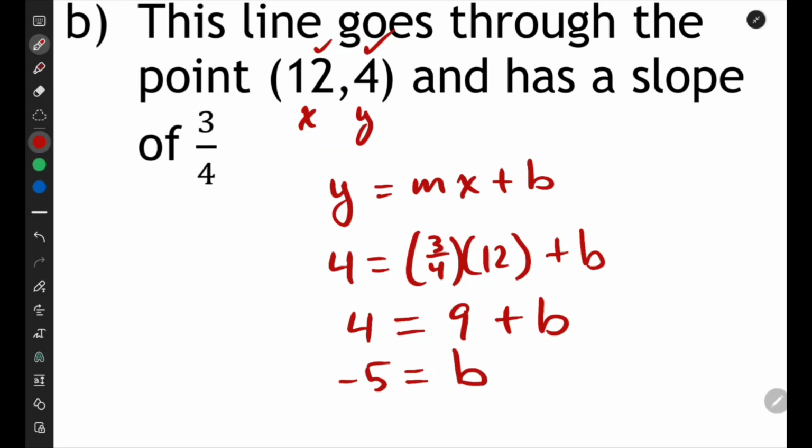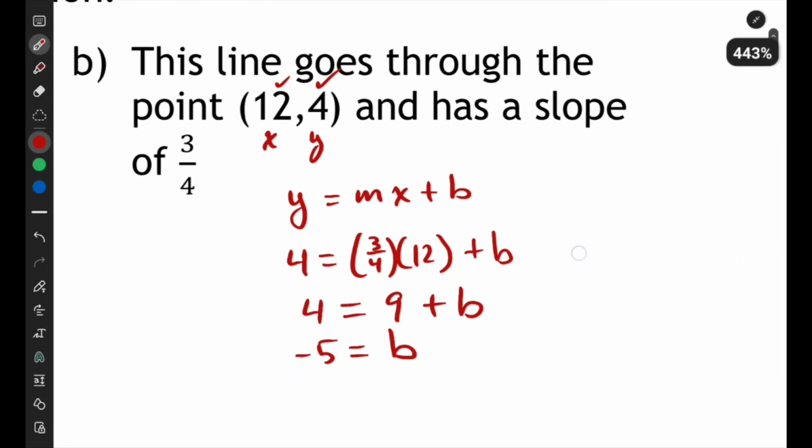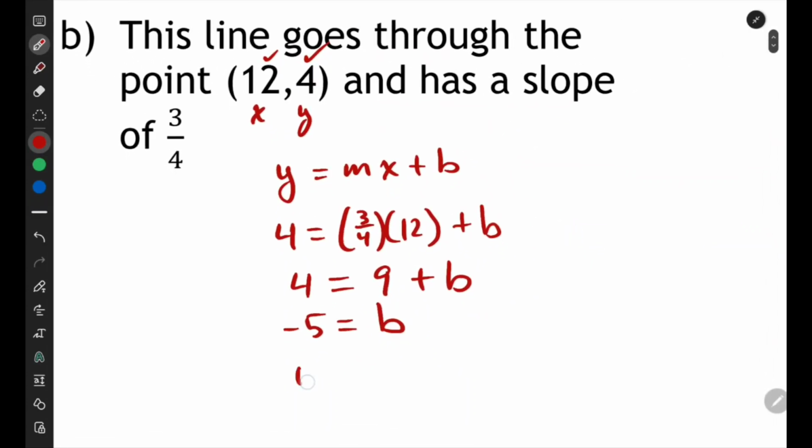So I could go ahead and write the equation of this line. The equation should be y is equal to my slope, 3/4, times x, and then minus the number 5. Now, just a real quick check here.